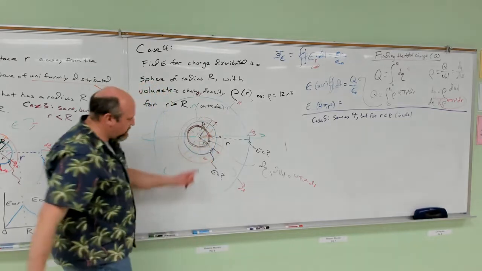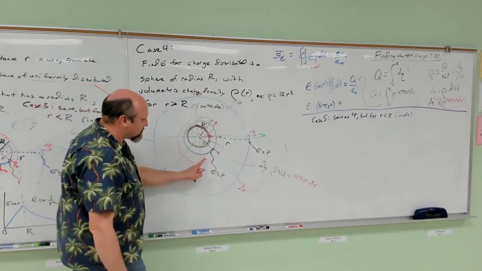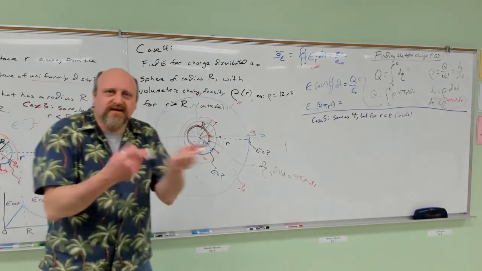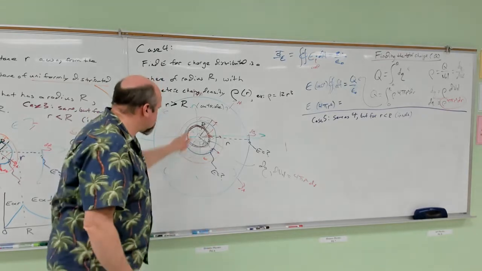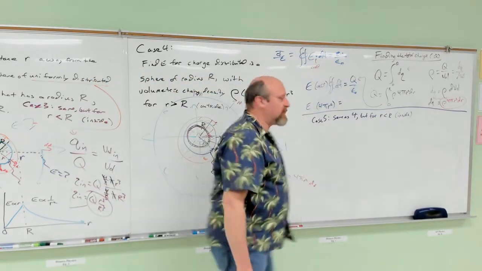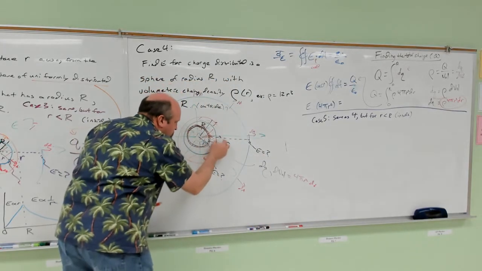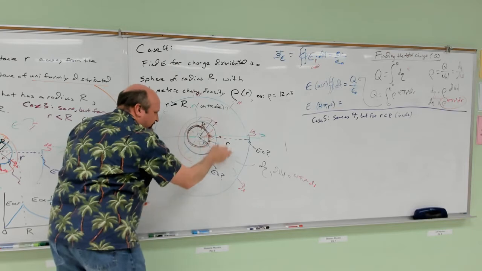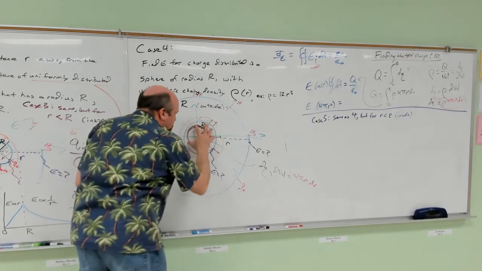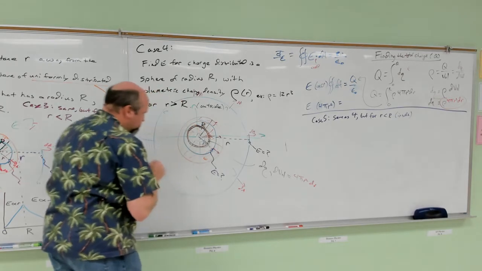Since flux going in is negative and flux going out is positive, the field line will just cancel itself out when we add up all the flux for this boundary. So it's only the charge inside that matters. I can ignore all this charge out here, this thick spherical shell outside. I just care about the charge that's inside my blue boundary. That's all that matters.